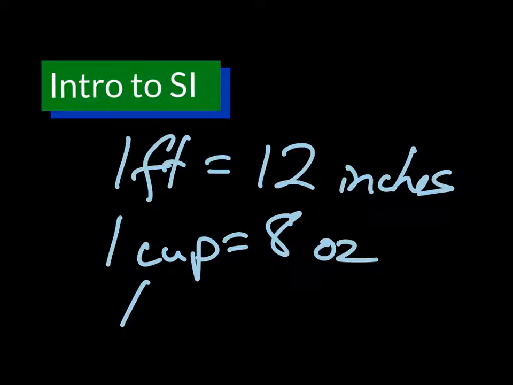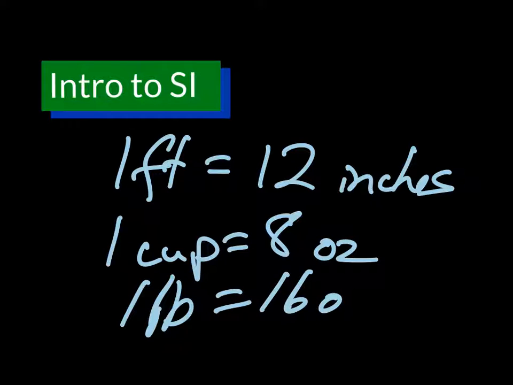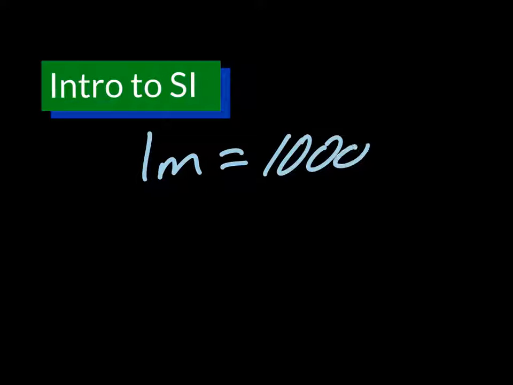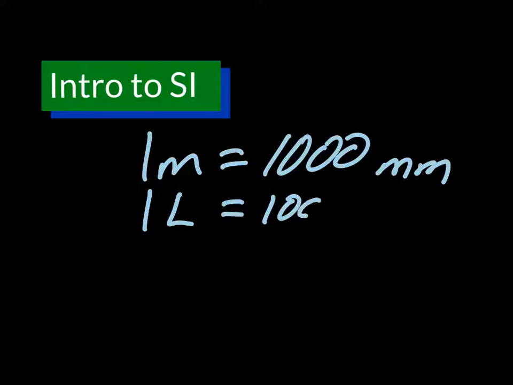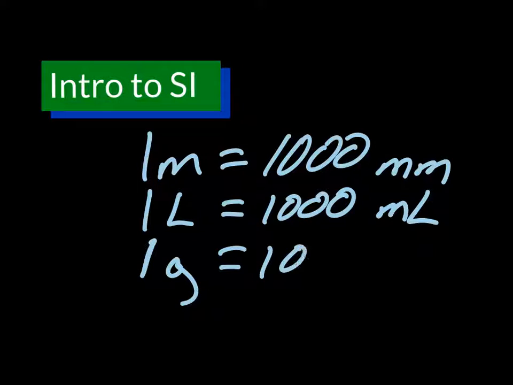But a pound of hamburger is 16 ounces. It's confusing. In metric, it's all the same. A meter is 1,000 millimeters. A liter is 1,000 milliliters. A gram is 1,000 milligrams.